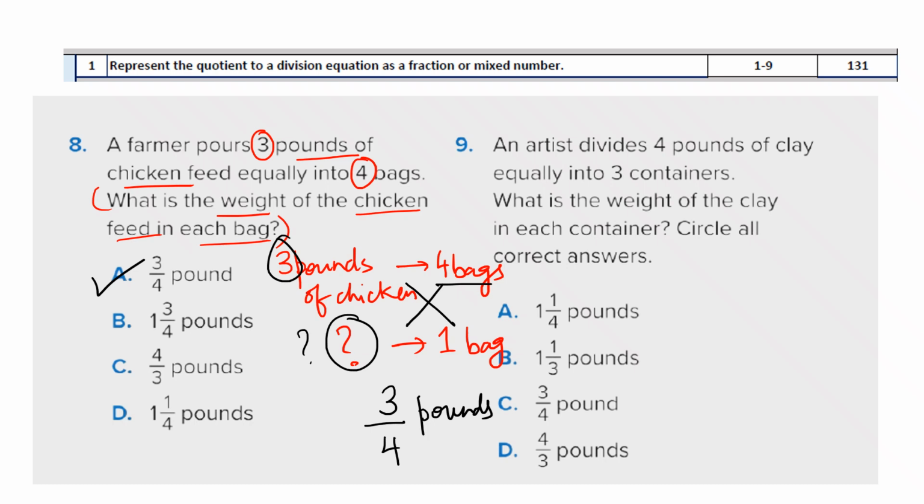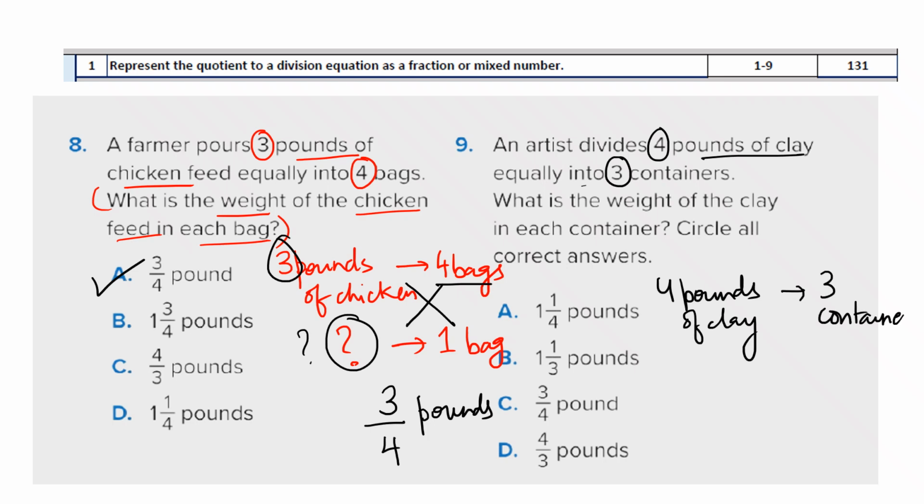Okay, let's do one more. An artist divides 4 pounds of clay into 3 containers. So let's make the equation again. 4 pounds of clay comes in how many containers? 3 containers. So we need to find what is the weight of the clay in each container.